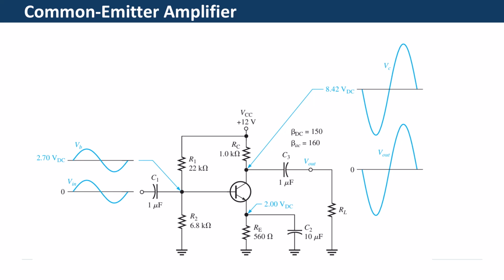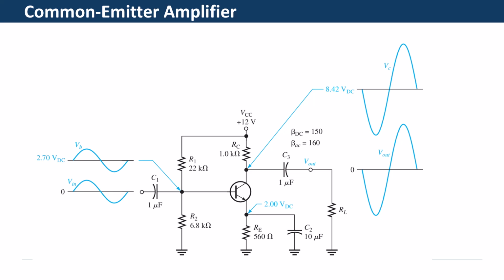The output signal Vout is capacitively coupled from the collector to the load. The amplified output is 180 degrees out of phase with the input, because the AC signal is applied to the base terminal as the input and taken from the collector terminal as the output. The emitter is common to both the input and output signals.